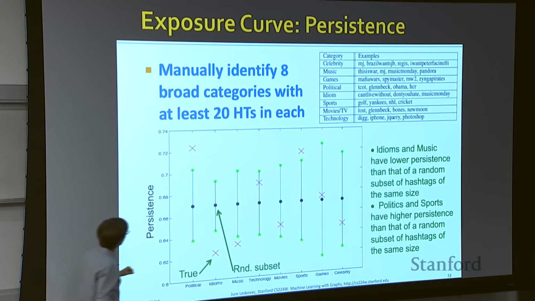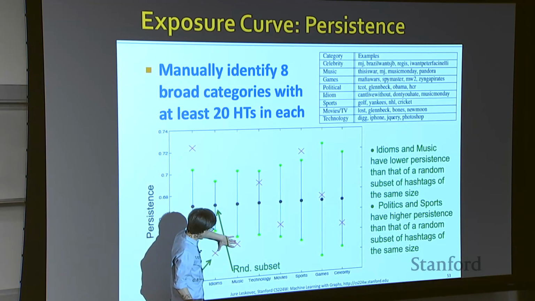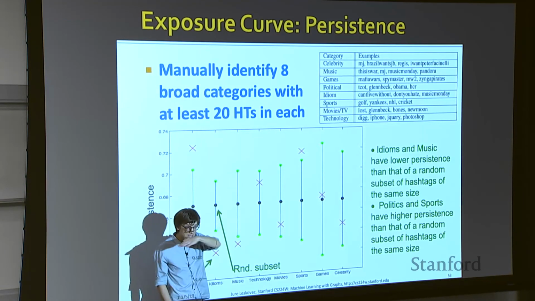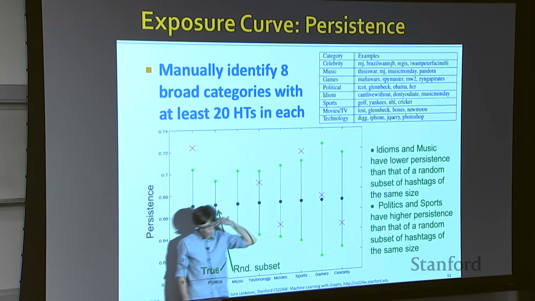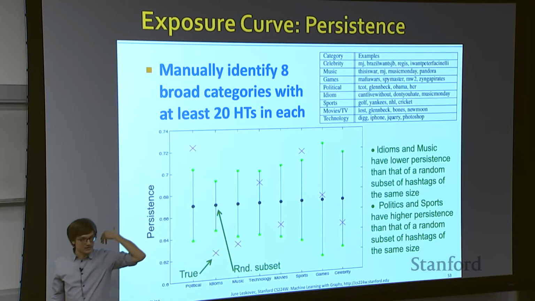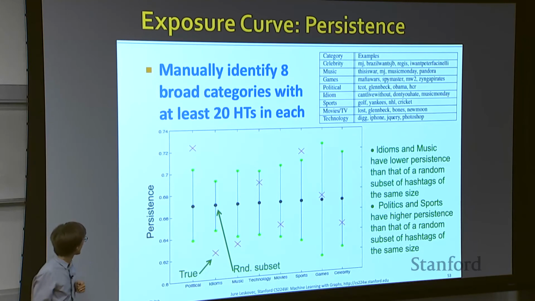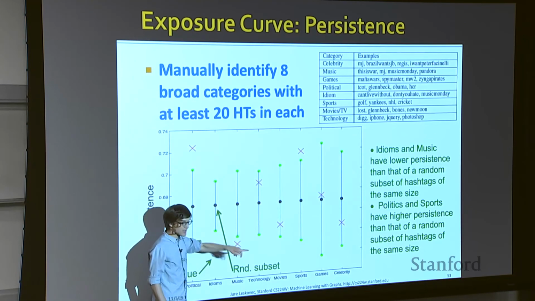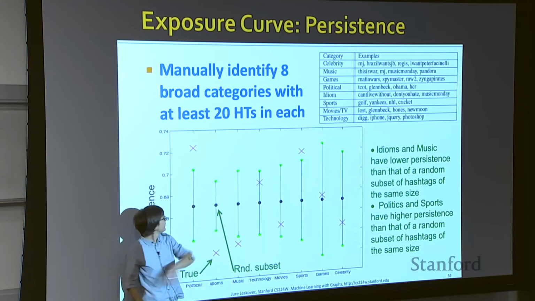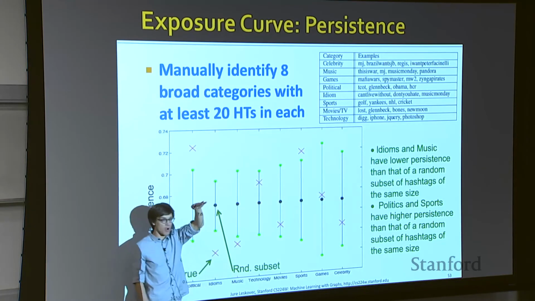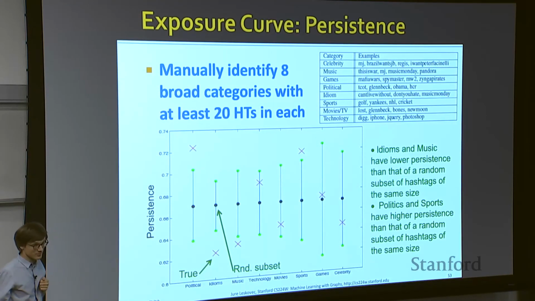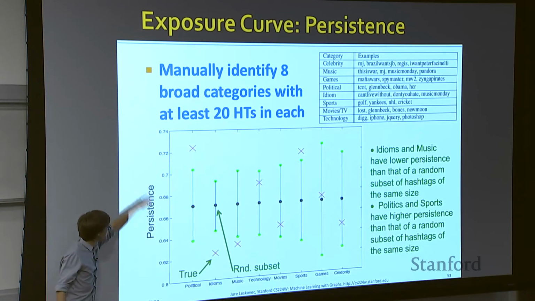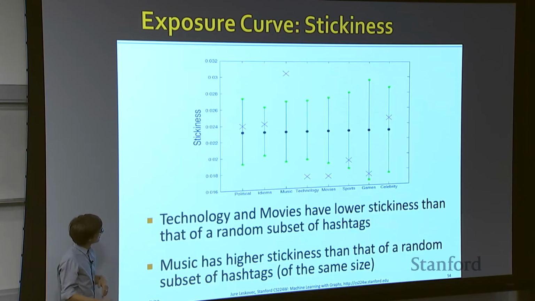This means that these things have a very quick decay, while politics and sports seem to be spreading much longer at a kind of persistent rate, right? So these two go up and then go down. These go up and basically remain flat or don't decrease too much.